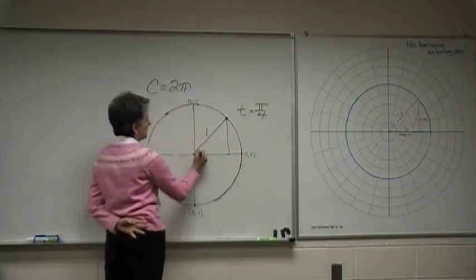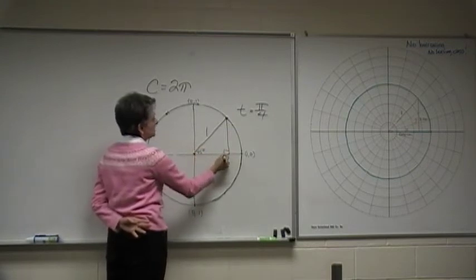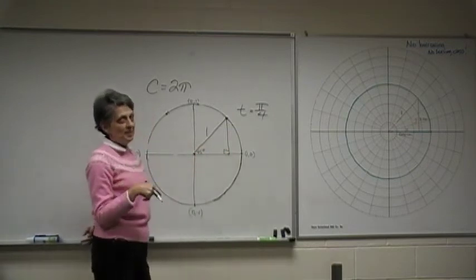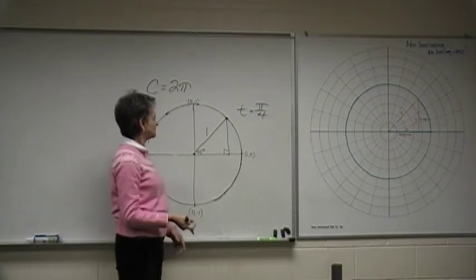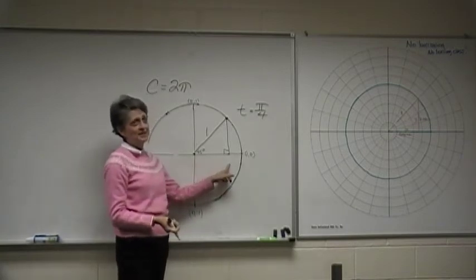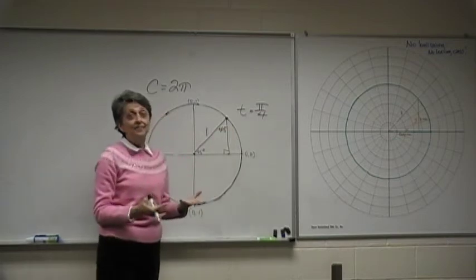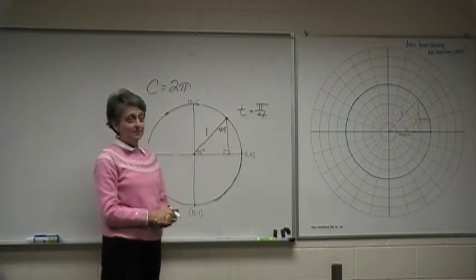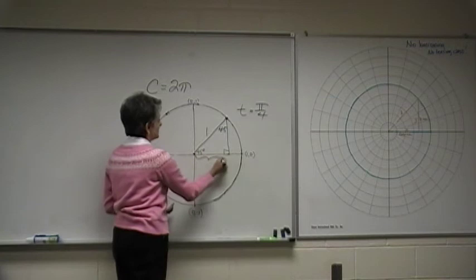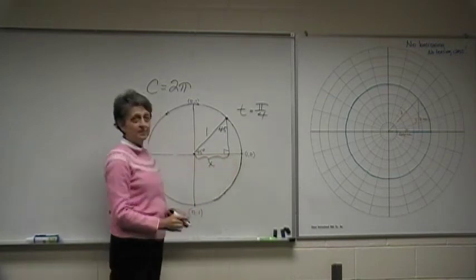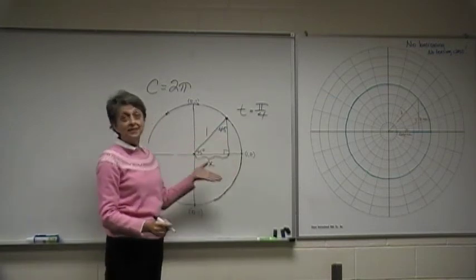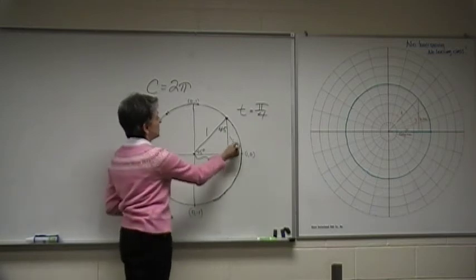This is 45 degrees. This is 90. Now you remember from geometry that if you have 45 degrees and 90, this has to be 45. We have an isosceles triangle. This is x units, and my y is also going to be the same, so we can call it x.